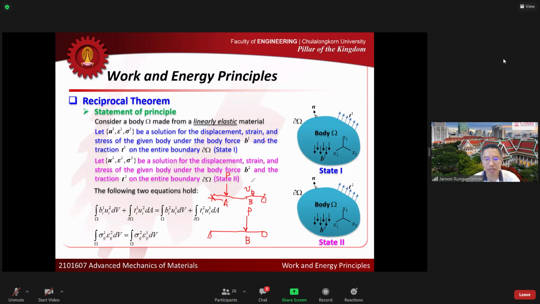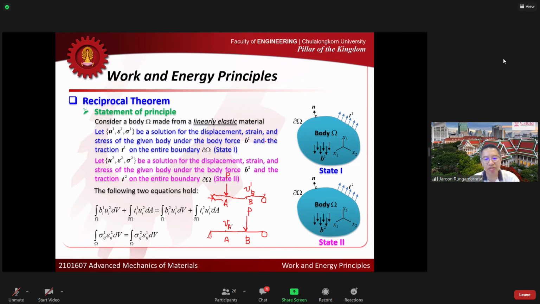Okay, I put the superscript 1 here. Also, when I look at point A for the second case, I apply the force P at point B for the second case. Now I record or compute the vertical displacement at point A for the second case.